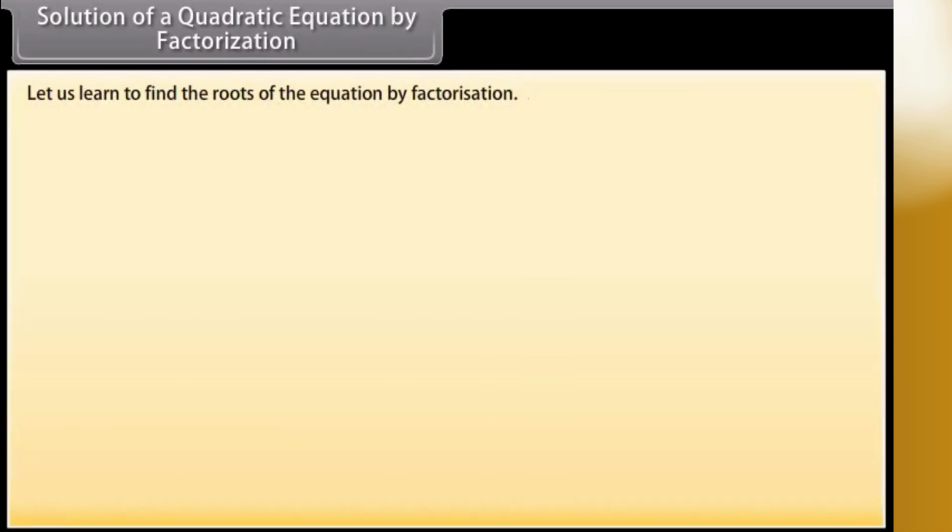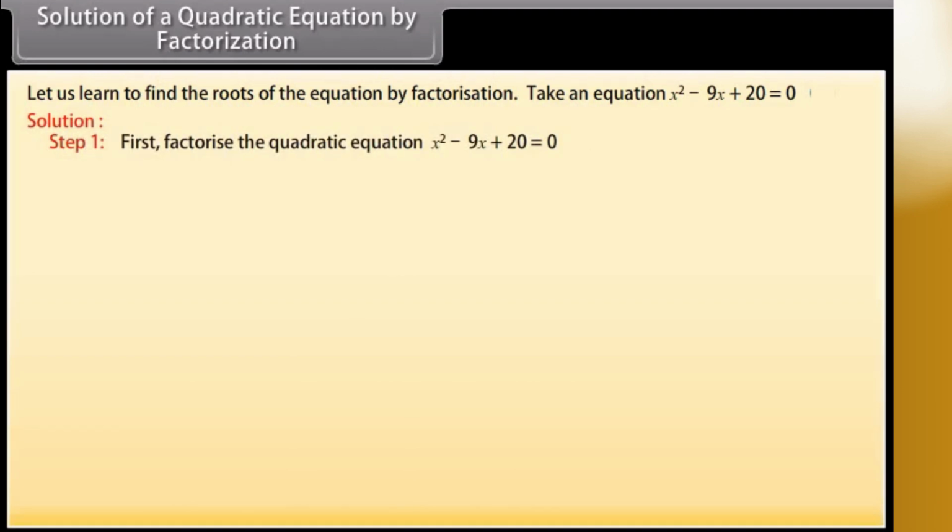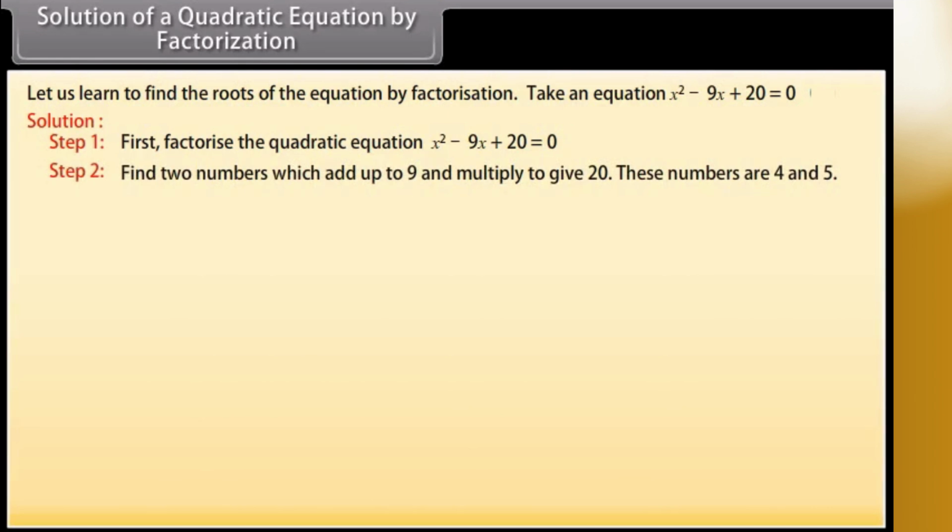Solution of a quadratic equation by factorization. Let us learn to find the roots of the equation by factorization. Take the equation x square minus 9x plus 20 is equal to 0. Solution. First, factorize the quadratic equation x square minus 9x plus 20 is equal to 0. Find two numbers which add up to 9 and multiply to give 20.